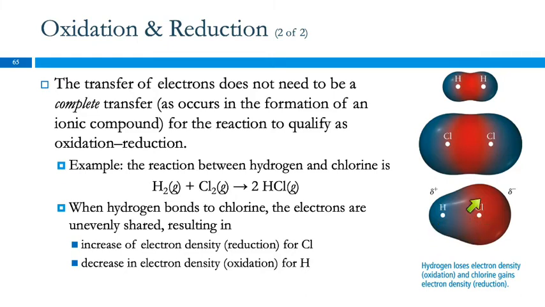So there's an increased electron density around the chlorine and a reduced electron density around the hydrogen. This is a partial positive charge and a partial negative charge. So the chlorine has gained electrons, reduction is gain of electron density, and the hydrogen has lost electron density, and so it's been oxidized. Any questions?